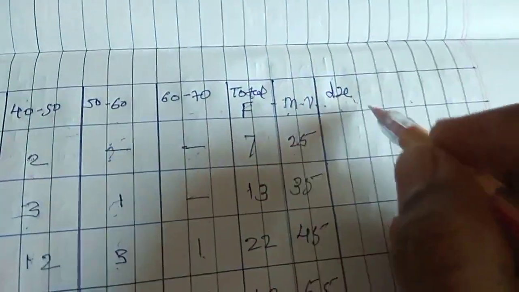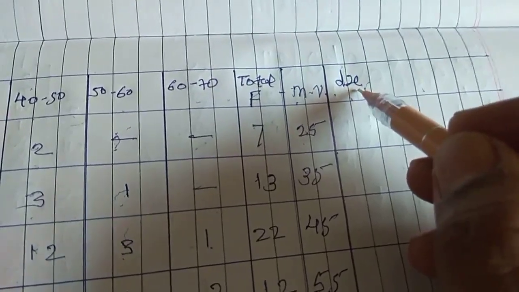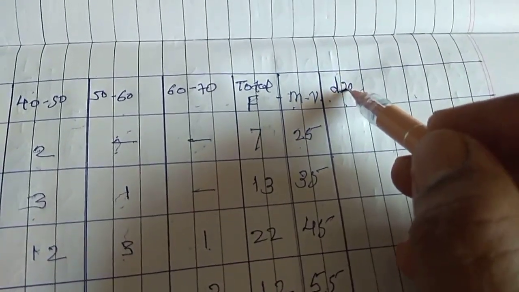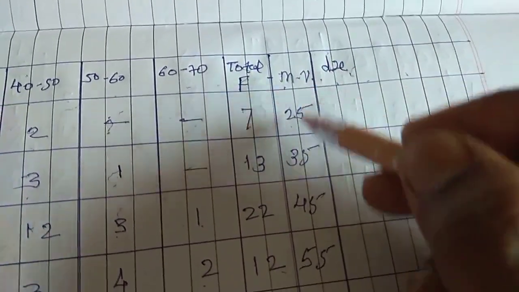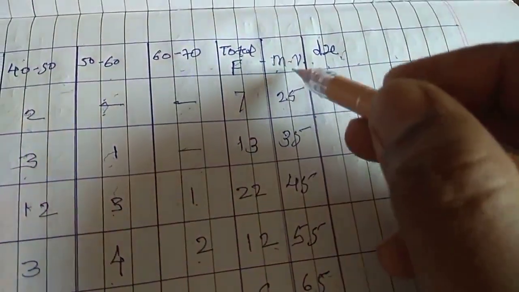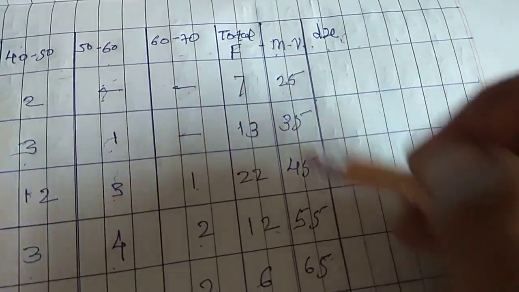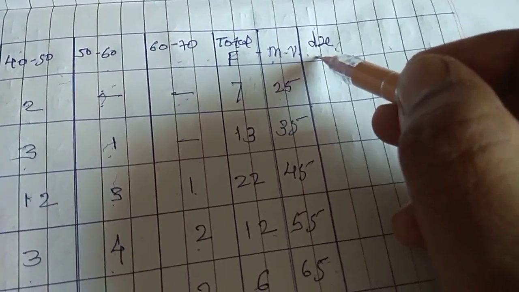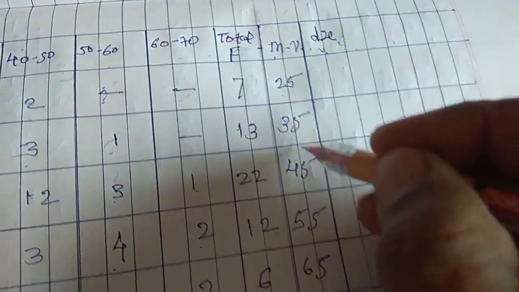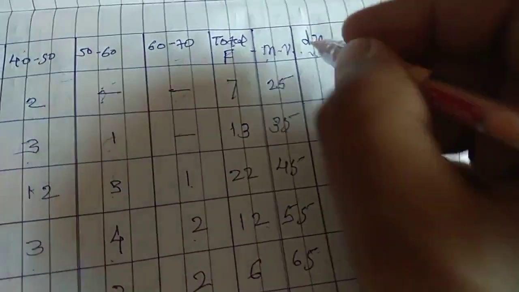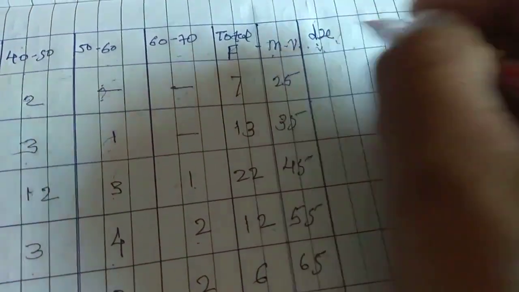How should the DX series be made? The DX series should be made on the basis of the MV series. Whatever figure you choose from these, you can write here. So I choose here 35 as the assumed mean for DX.